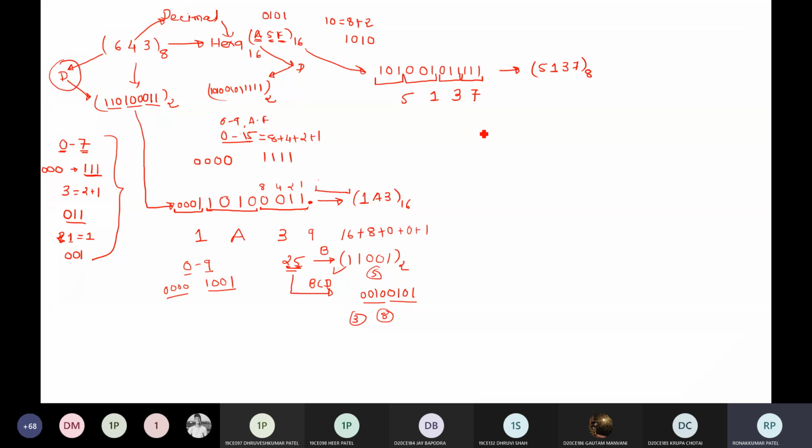Whenever you run your system, it will ask in which number system you want to enter your number. Means whether you want to enter in decimal, binary, octal or hexadecimal, right? It will ask.